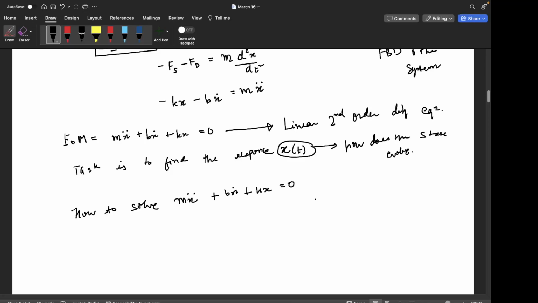And in order to get a unique solution, you will need two more conditions, right? So now two conditions, you can give either two conditions on the same side, that is at t is equal to 0, or you can give two conditions at two different times also. So that's a different discussion altogether.